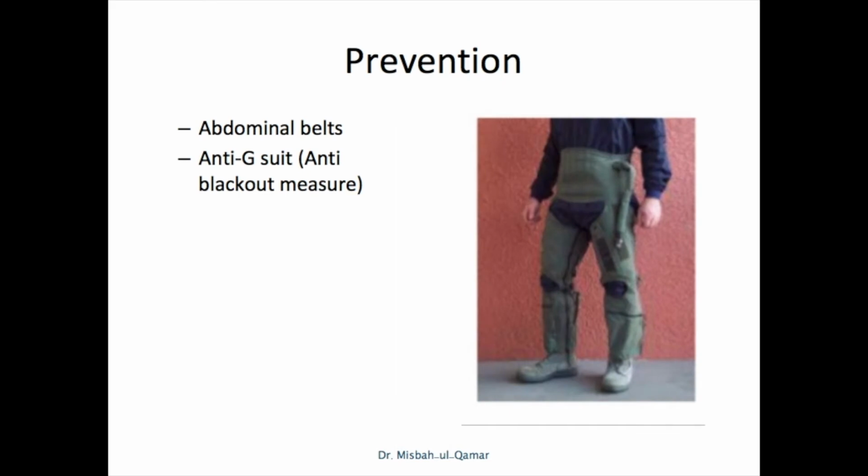So the question is how these effects might be prevented. You see, the body can be protected from the effects of these G forces, particularly the positive G, by using abdominal belts, and then there are anti-G suits, which are used as an anti-blackout measure, because these anti-G suits have inflatable airbags which delay the onset of blackout.